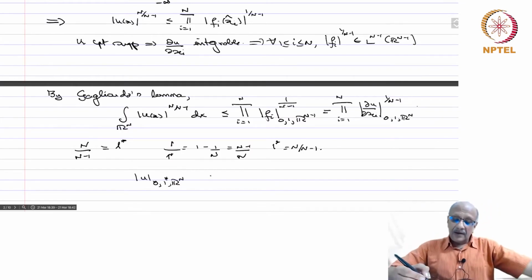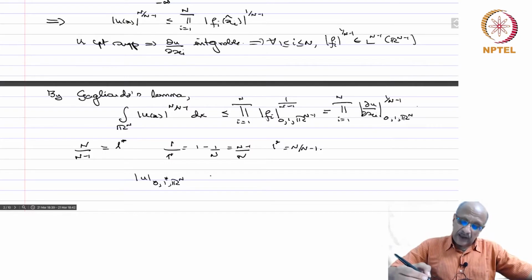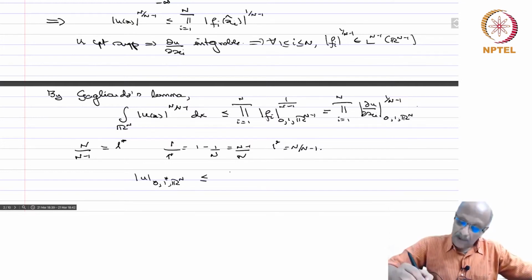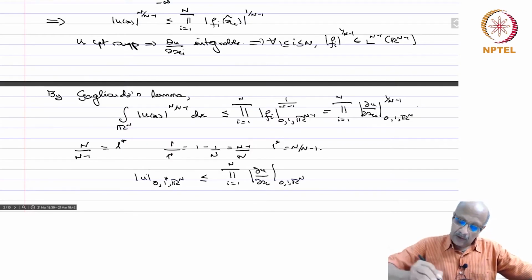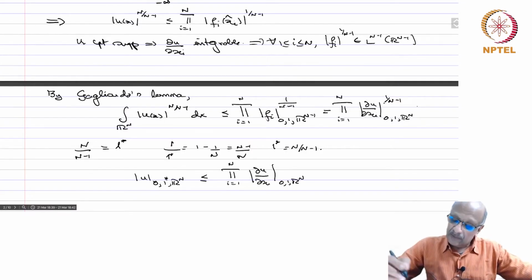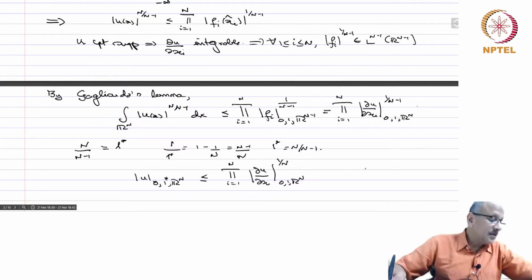and so I must take it to the power of n minus 1 by n on both sides. So I will get here the product over i equals 1 to n of the norm of du by dxi in L1 of Rn. Now here I have taken the n minus 1 nth power of this norm, so I have to take the n minus 1 by nth power, so I will get 1 by n on this side.